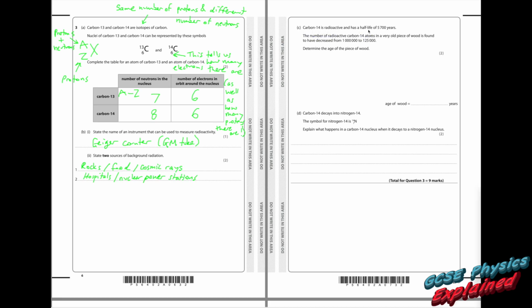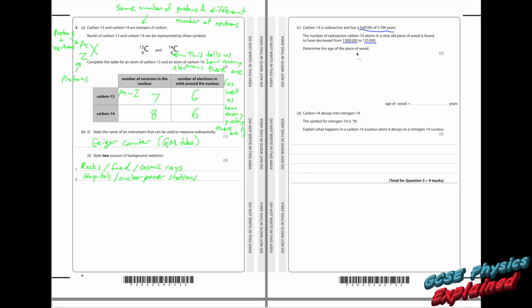Part C. Carbon-14 is radioactive and has a half-life of 5,700 years. The number of radioactive carbon-14 atoms in a very old piece of wood is found to have decreased from 1 million down to 125,000. Determine the age of the piece of wood.